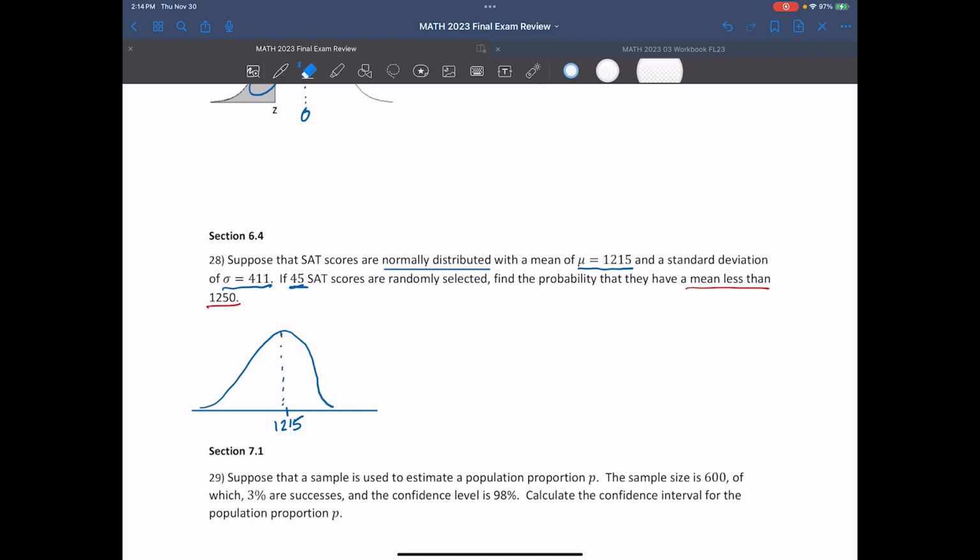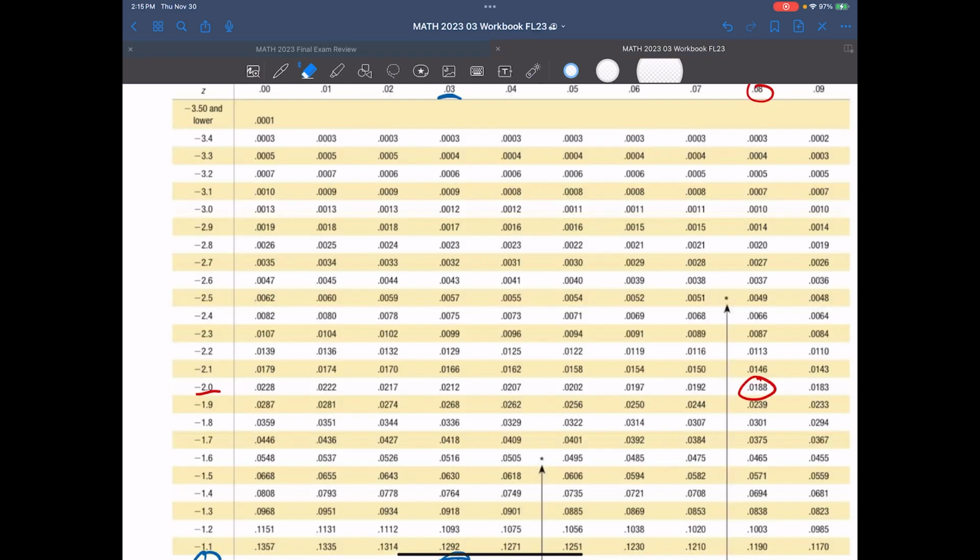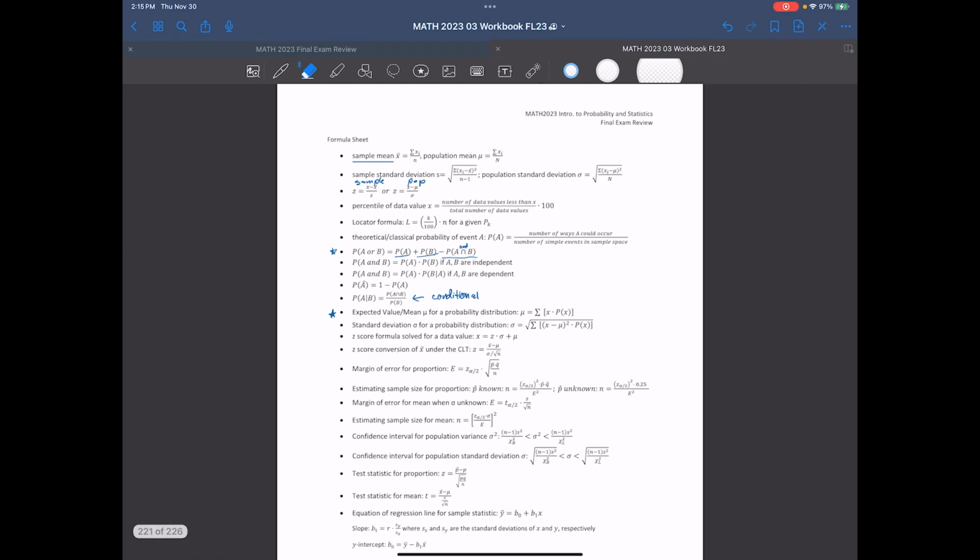That's okay. We said 0 is in the middle above, but again, when everything's standardized, the mean is 0 when it's converted to a z-score. So what we're going to need to do is do the conversion appropriately. Let me check what formulas we're given.